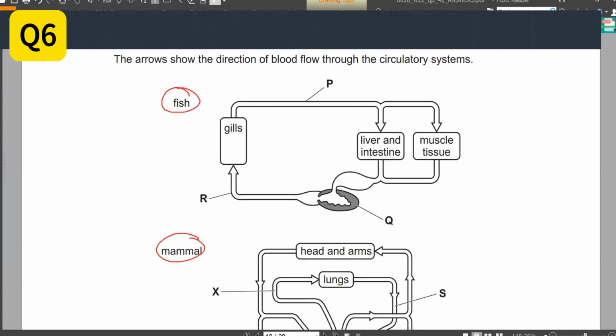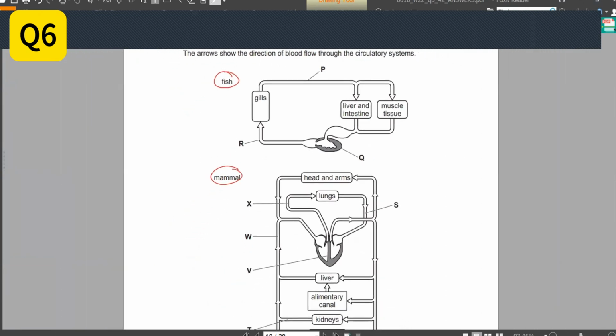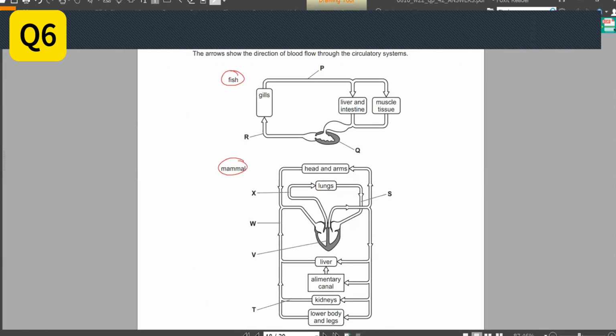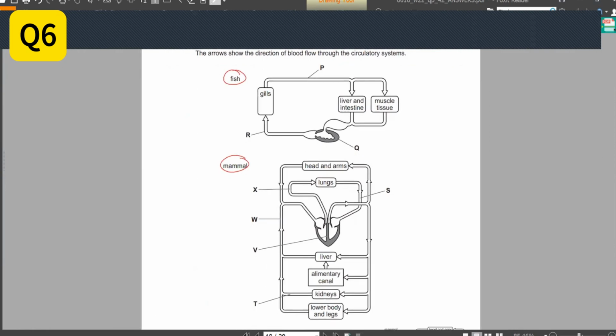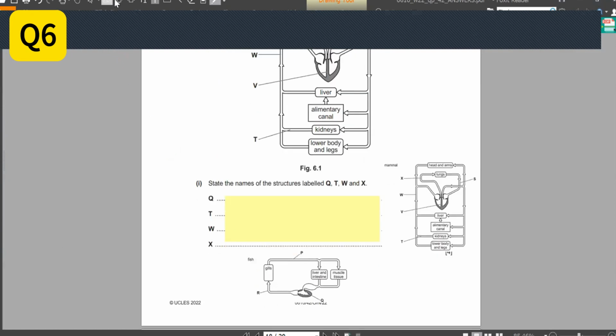If we take a look here, we can see clear differences between these two types of animals in their blood circulatory systems. There are advantages and disadvantages. These are the points we're going to discuss in this question.